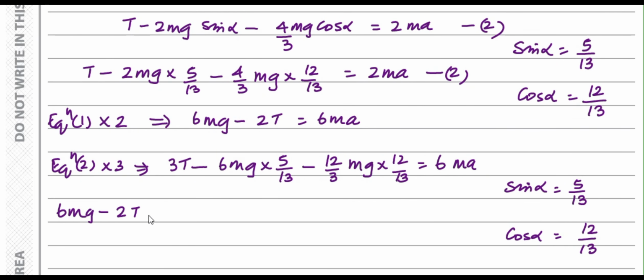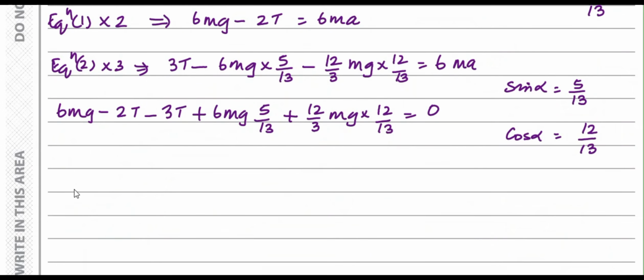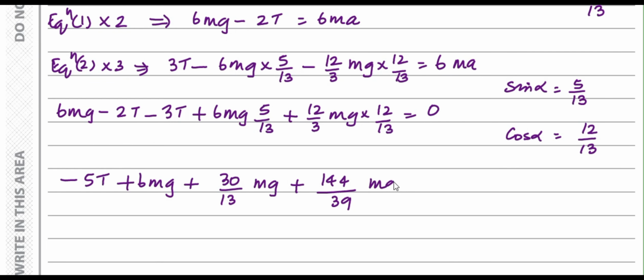minus 2T minus 3T plus 6 mg times 5 over 13 plus 12 over 3 mg times 12 over 13 is equal to 0. That is minus 5 lots of T plus 6 mg plus, this is 6 mg times 5 over 13, which is 30 over 13 mg, plus 144 over 39 mg equals 0.